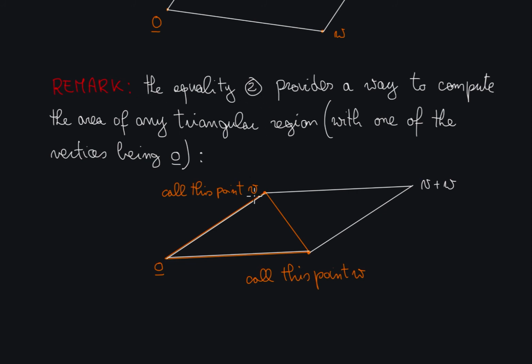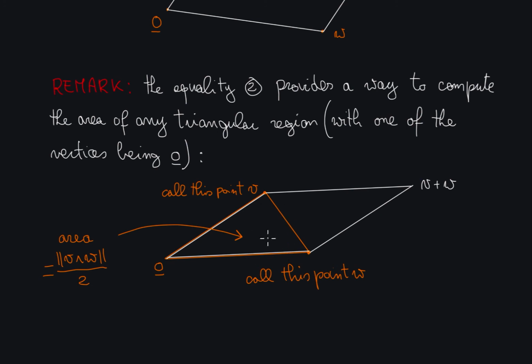If we take the norm of the vector product of v times w, we get the area of this parallelogram, the region bounded by this parallelogram, whose last vertex is v plus w. But obviously, the area of the triangular region bounded by the initial triangle is just this area divided by 2. So the area of the triangular region is just the norm of v vector w divided by 2.